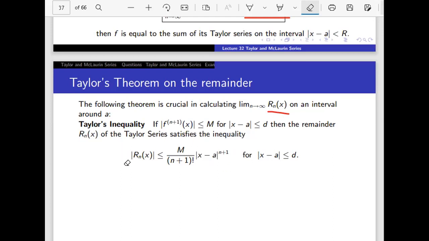This one is true. If you do pure math, you can show this inequality is true.